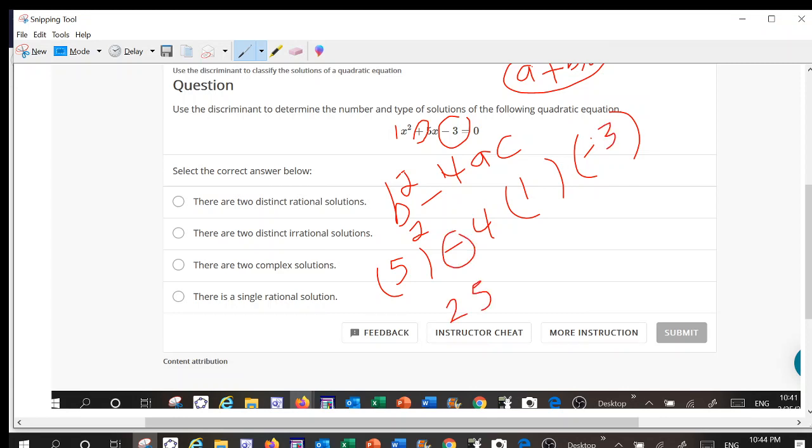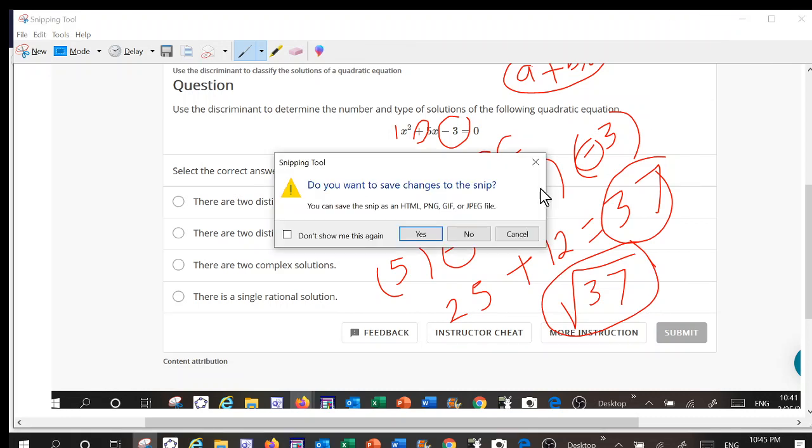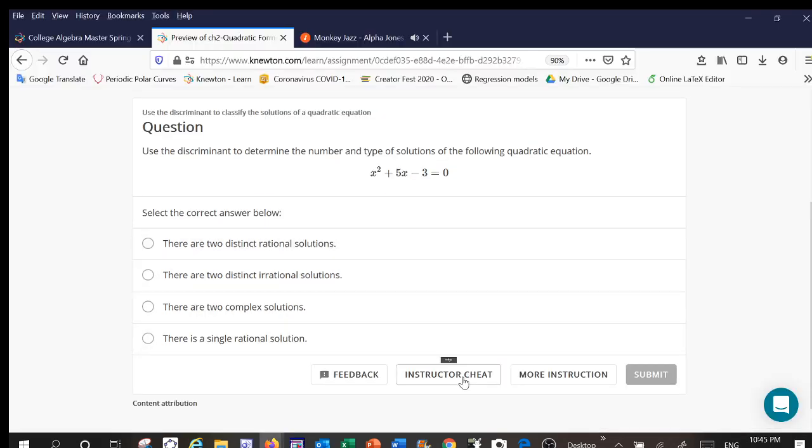This minus times this minus makes it a plus. And 4 times 1 times 3 is 12, so that's 37. 37 is irrational. If you put it under the radical, it would be an irrational number. It's not a perfect square. So you guess what the solution is supposed to be? Of course. It's going to be two irrational solutions. Distinct means they're not the same, right? All right.